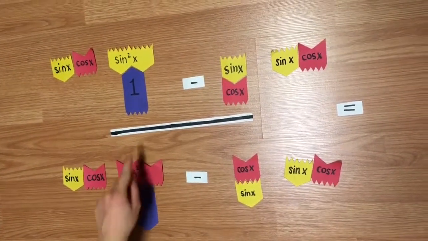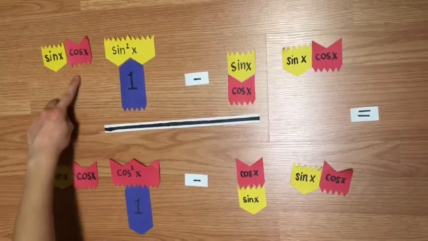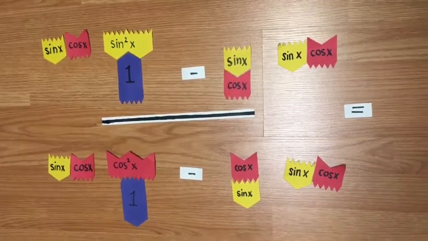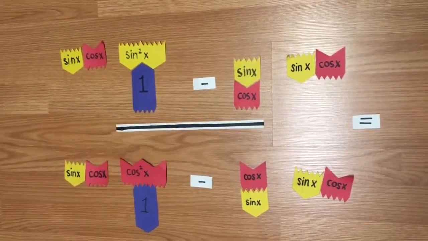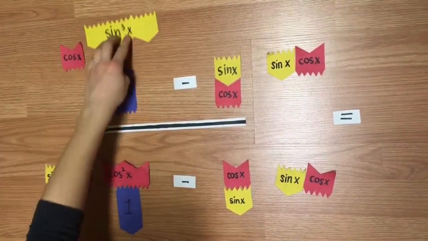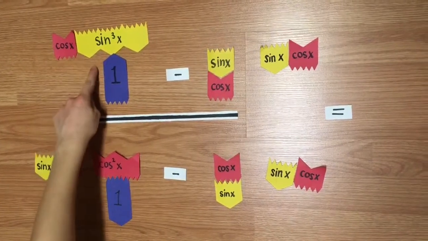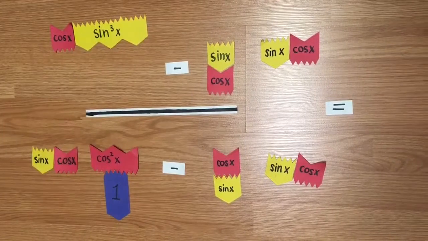Let's look at the first fraction. The denominator is 1, and it does not cancel out with any of the terms from the numerator, so we simply multiply across. Sine x times sine squared x is sine cubed x. Cosine is simply being multiplied, and 1 times 1 is 1, so we don't need that one.